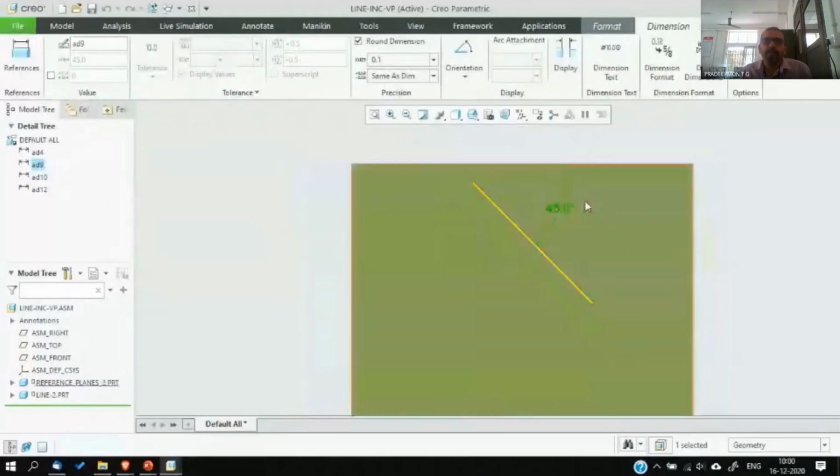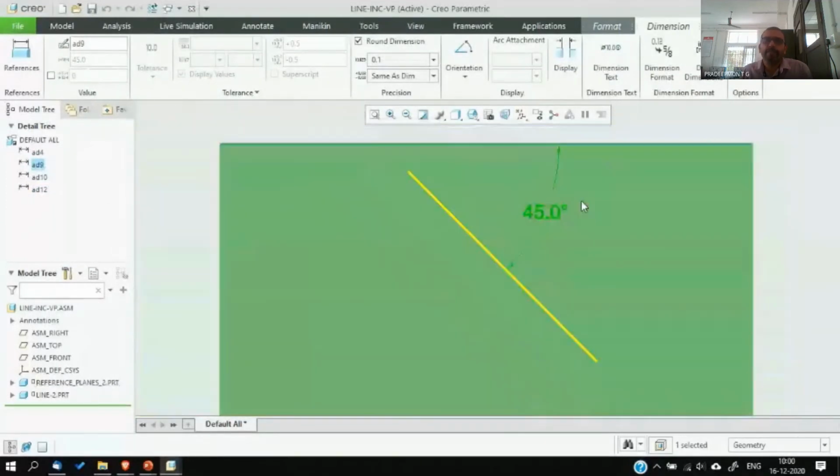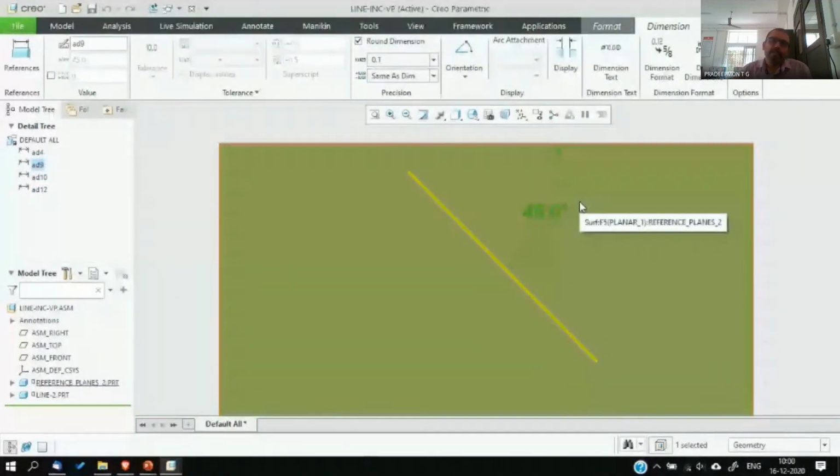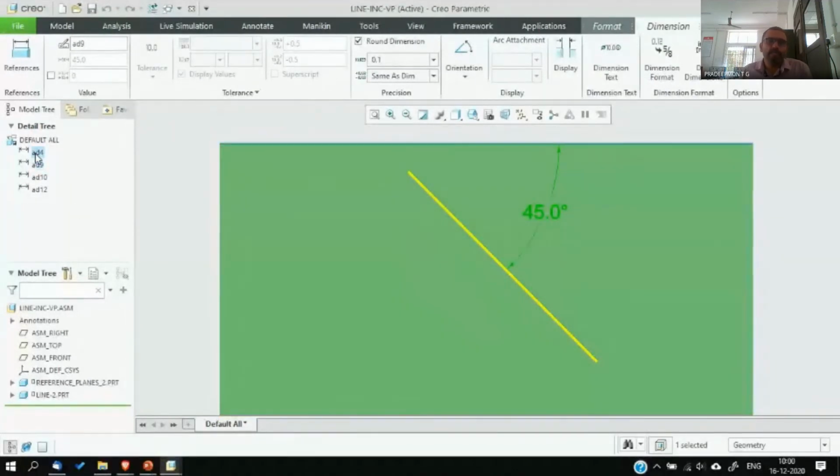The top view is making an angle of 45 degrees with the XY line, and the length is 10 centimeter. It is the actual length of the line. So in the top view we are getting the true length as well as the true inclination when the line is parallel to HP.